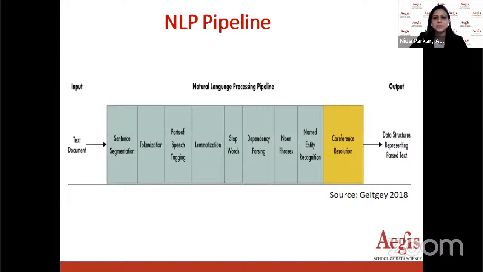Let's understand what the pipeline is when you're working on any data that uses natural language processing. Basically, you take up any textual data. Understand that machine learning algorithms work on numerical data. They are not able to process textual data.